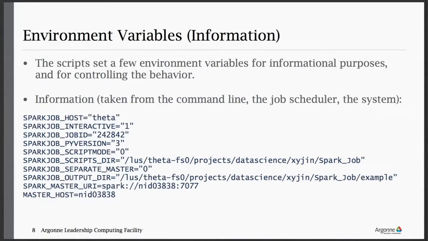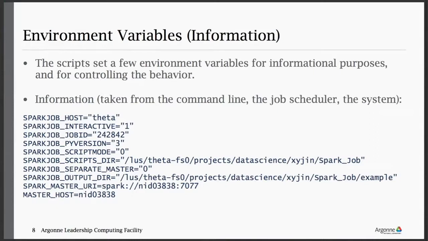You can programmatically set things depending on what host it is. Here the example is Theta, but sometimes it could be Cooley if you run on Cooley. So you can use one single script to control it: if it's on Cooley, you do something; if it's on Theta, you do other things. And of course, other things like interactive and the job ID directly inherit the Cobalt job ID.